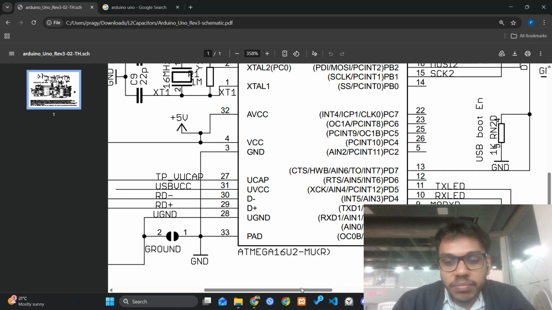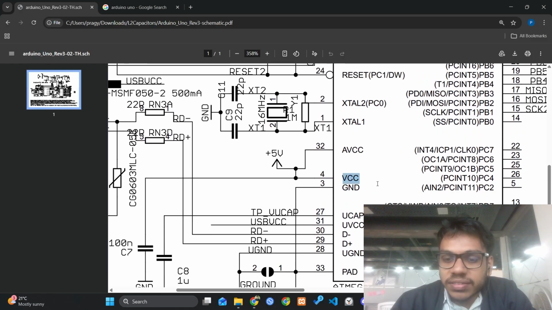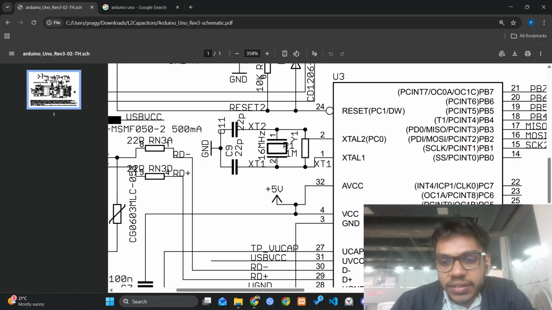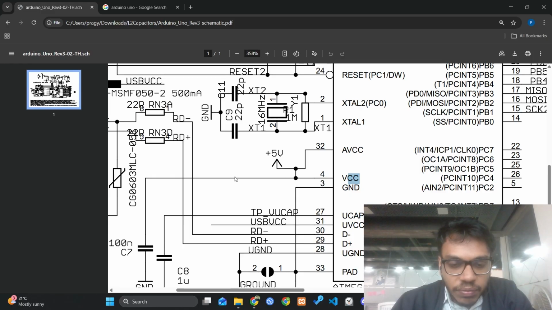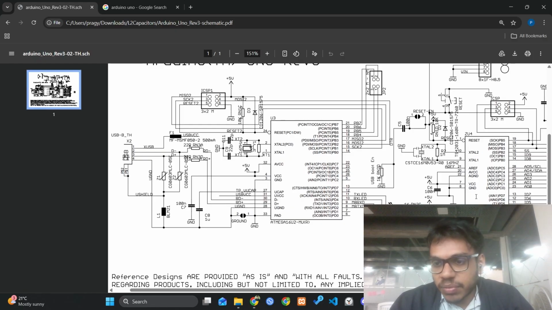You can see here that this is the VCC pin of this ATmega IC, and we see that a 5 volt power supply is added to this VCC pin. If you follow this wire, you will also see that there is a 100 nanofarad capacitor attached to it, right? So this is the decoupling capacitor. Similarly, let's see some other pins.